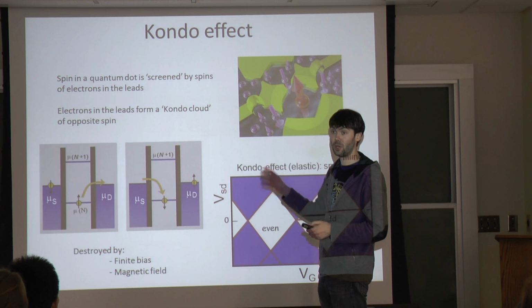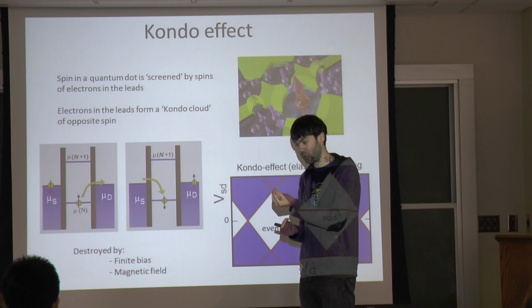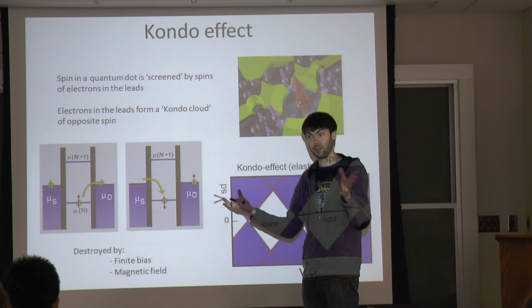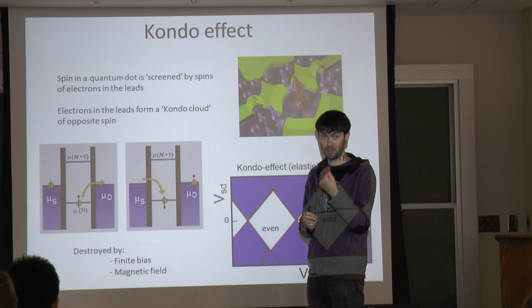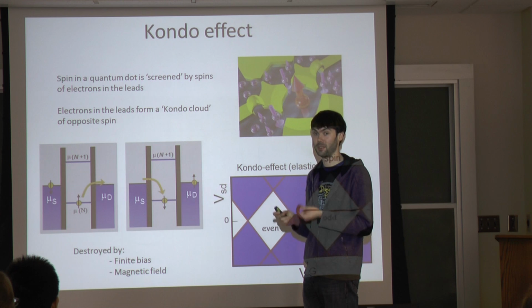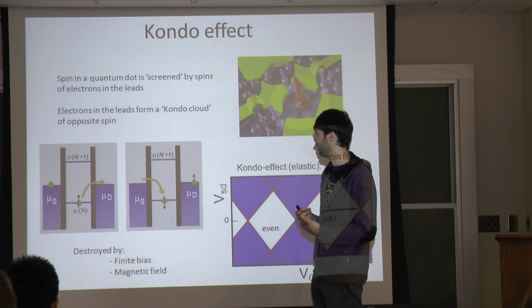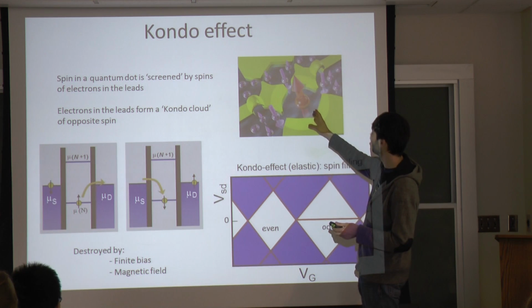And the quantum dot is like an example of a single impurity in a metal. Impurity in the sense that we have one electron there with a spin. And that impurity is fully controlled, so we have an enormous advantage at studying this Kondo effect with all this control. So the Kondo effect is depicted here.